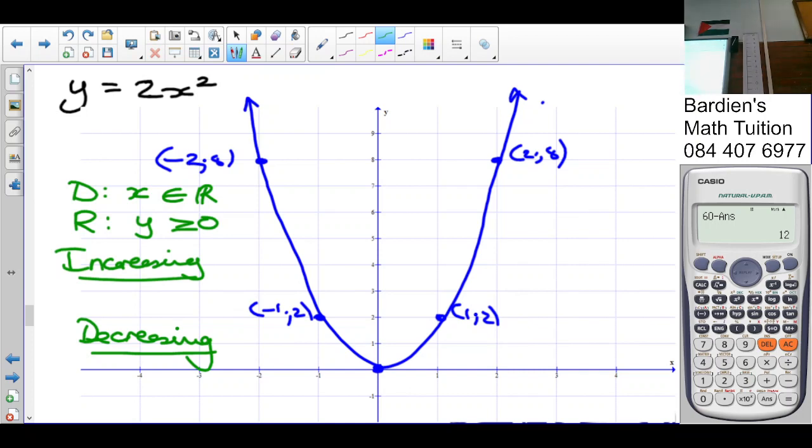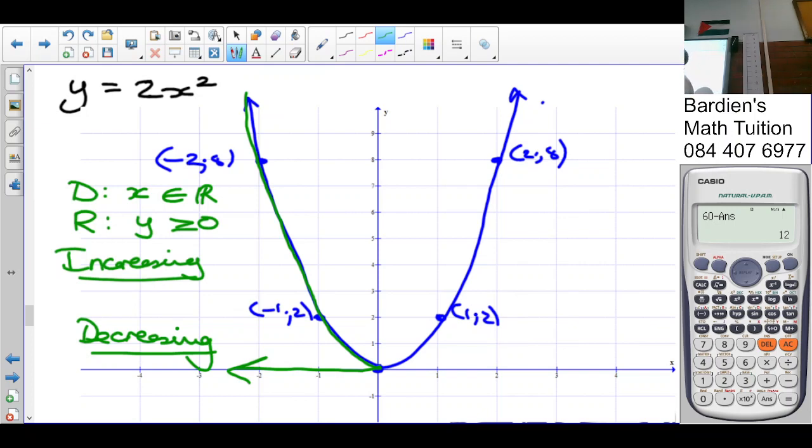Moving from left to right, it is where x is increasing, in other words. Not so. So as x increases, from negative infinity, what happens to this graph? Getting smaller, not so. So what happens to the graph? It is decreasing. Where is it decreasing? For x is less than 0.